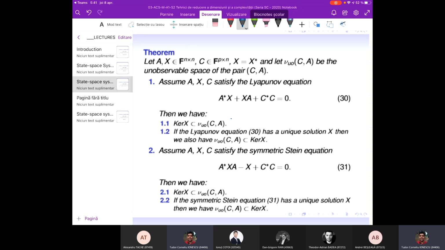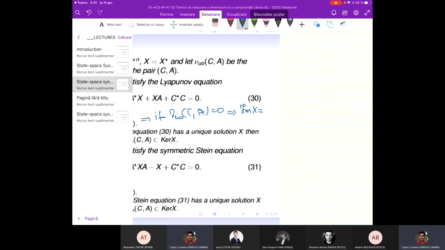This means that the image of X is the whole space, and that means that the rank of X equals n.